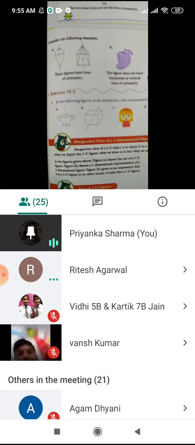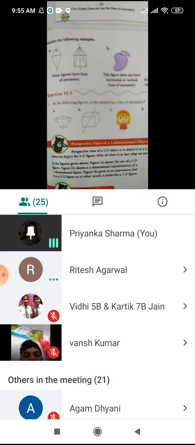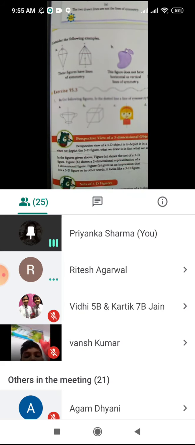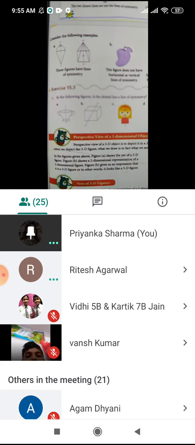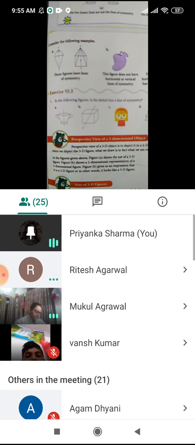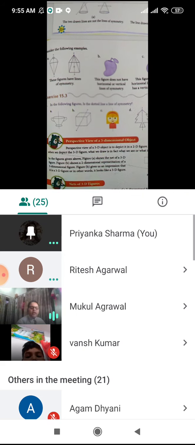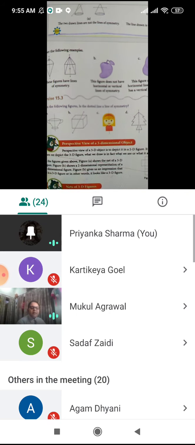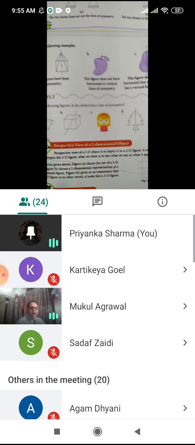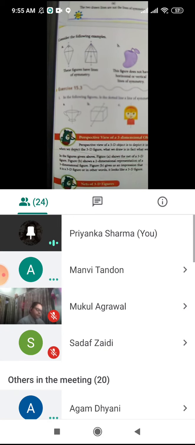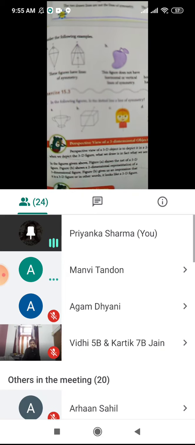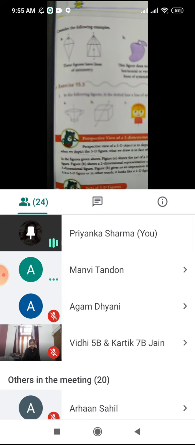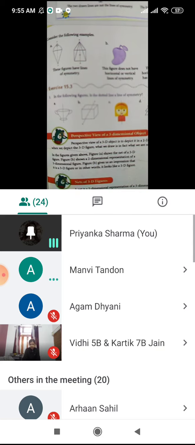The dotted line is just crossing from the center. Is it dividing, is it a line of symmetry? Will it be yes or no? It is a symmetry line. You will write there yes. The first answer is yes. It is dividing the figure into two equal parts. So write there yes.